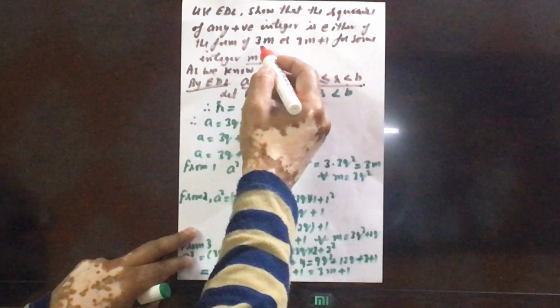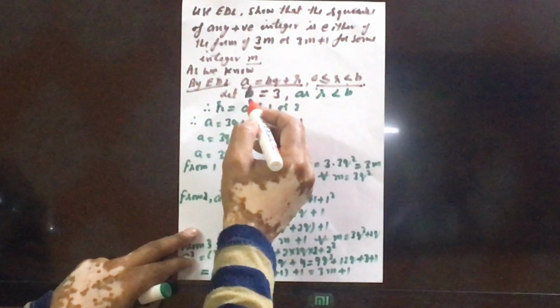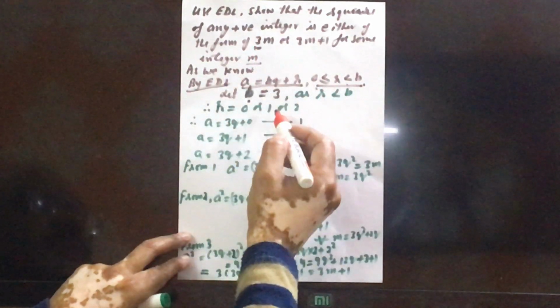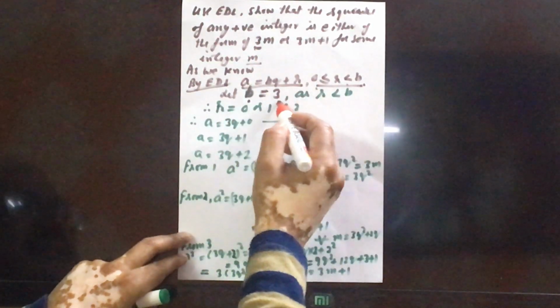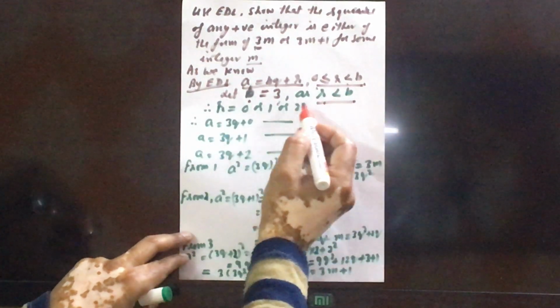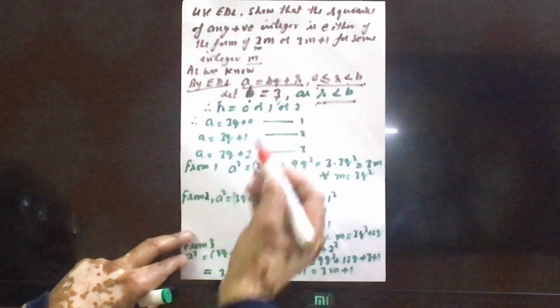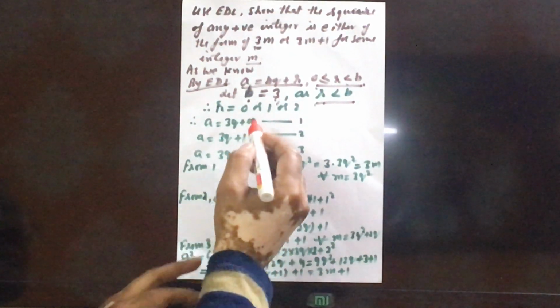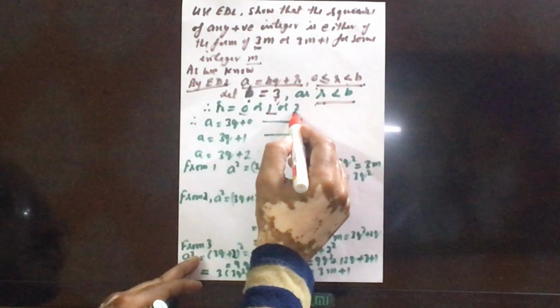In this case, we will take a as any positive integer and b equal to 3. Because r is always less than b, the value of r will be less than 3, and the possible values are 0, 1, 2.